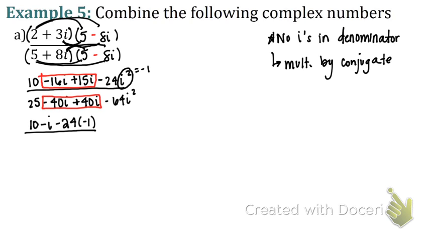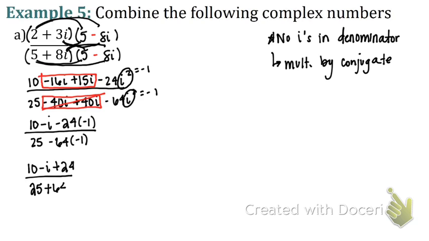What happens to those? They equal 0, right? And then we know that our i squared becomes negative 1. So now we have 25 minus 64 times negative 1. In the numerator, 10 minus i, and then a negative 24 times the negative 1 is a positive 24. And then in the denominator, we have 25 plus 64.